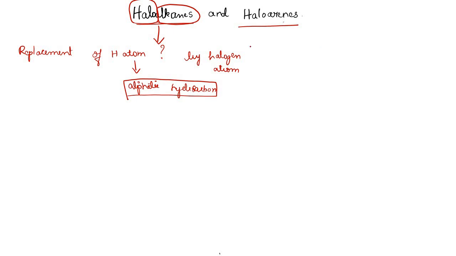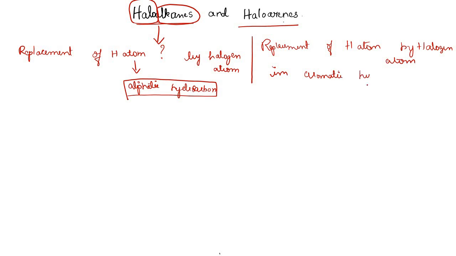So what do haloarenes mean? It's also the same definition, replacement. It's basically a replacement of a hydrogen atom by a halogen atom in an aromatic hydrocarbon.